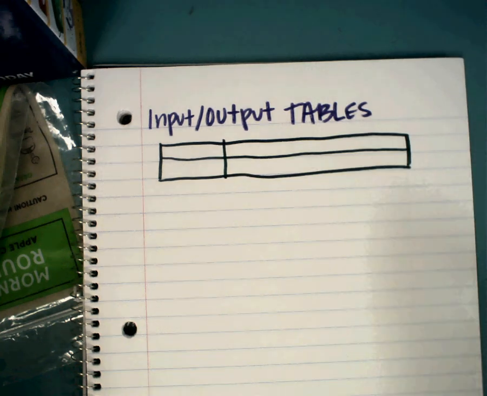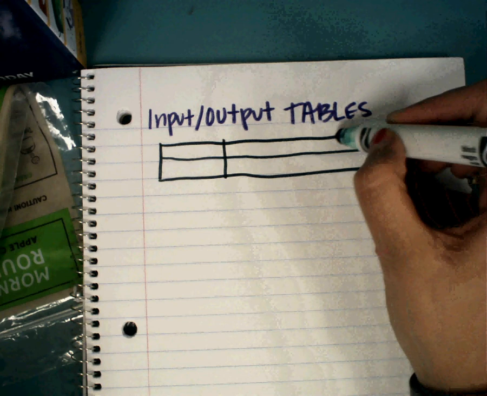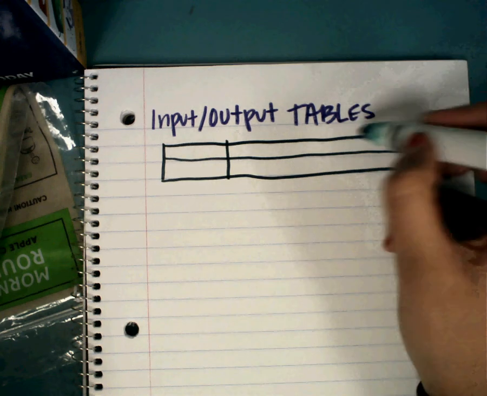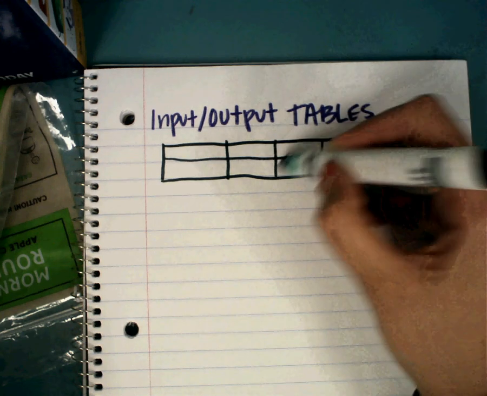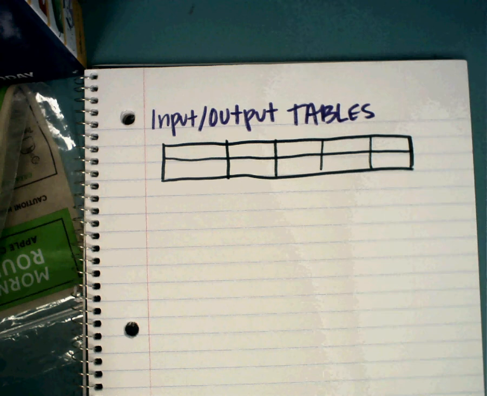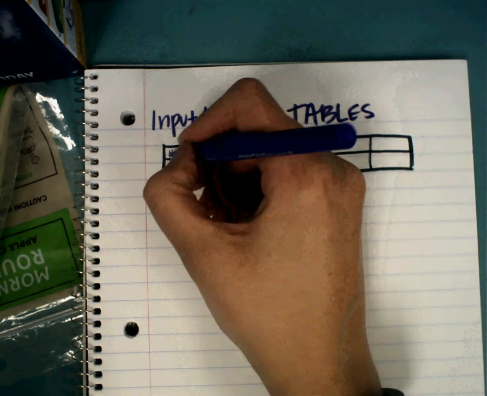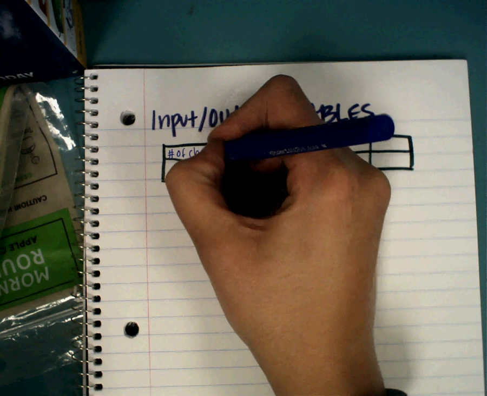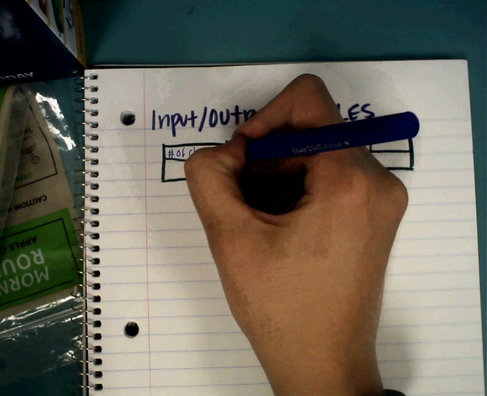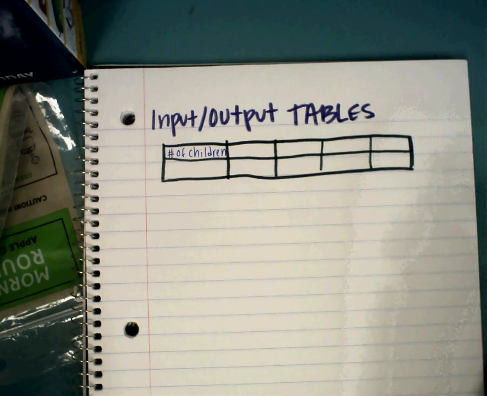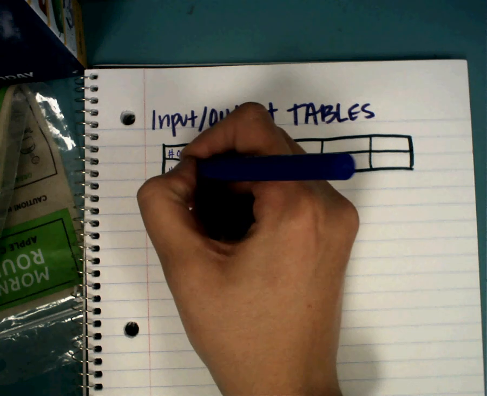So this should say number of children, and then this should say number of feet.